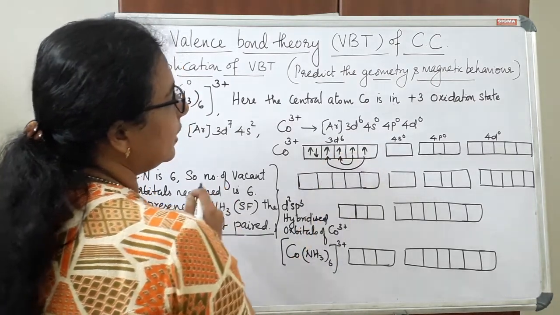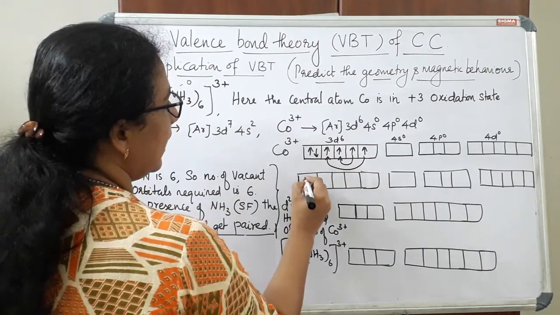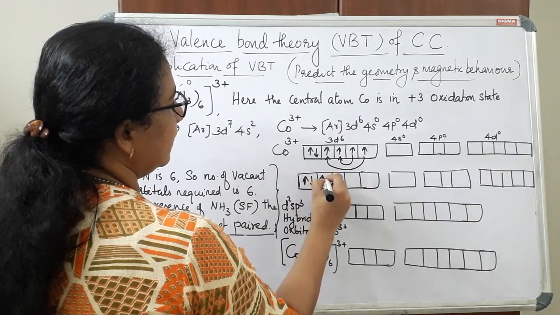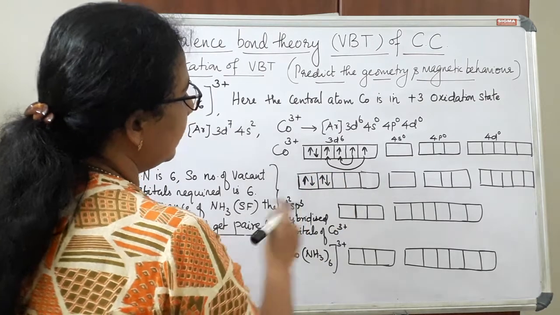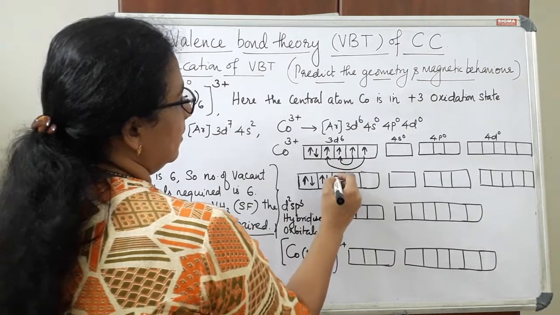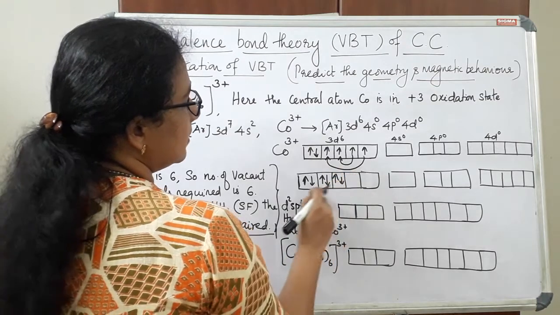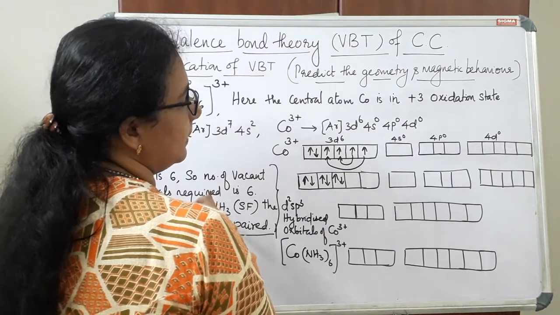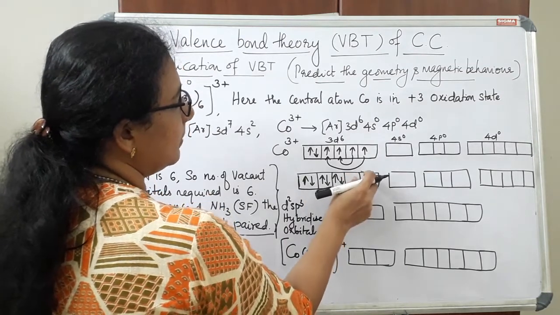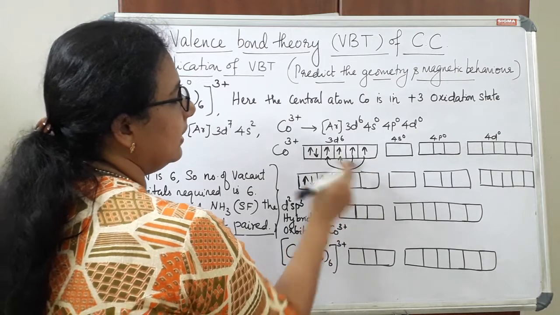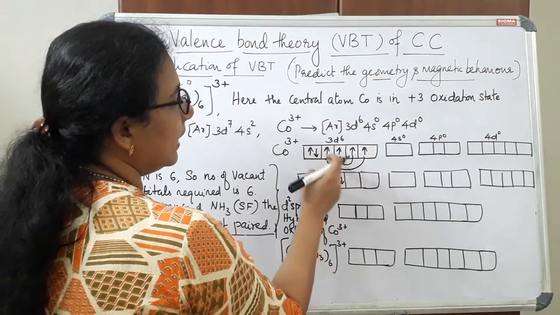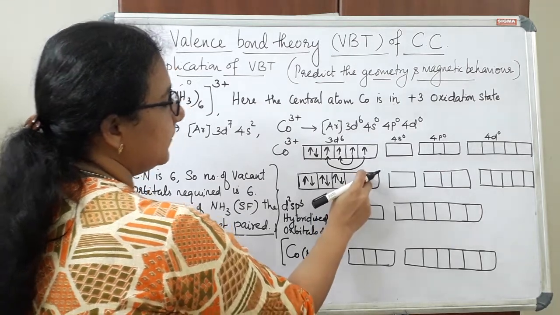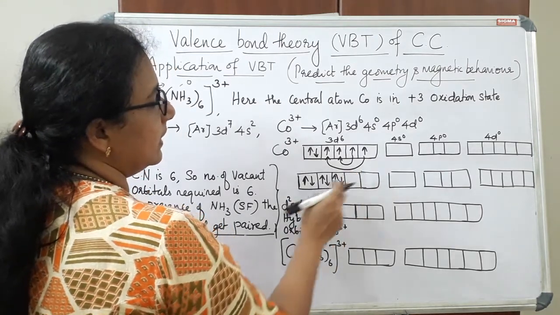That means pairing of electrons takes place, and the orbital diagram now is 3d6. Then come 2 vacant orbitals in the 3d level itself. So after pairing up of electrons, 2 vacant orbitals are there in the metal orbitals.